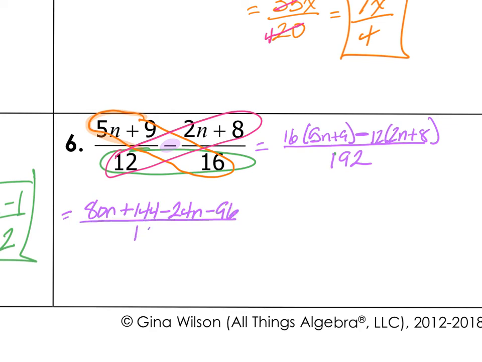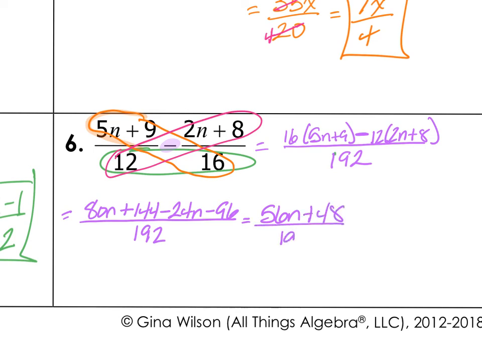All over 192. So 80 minus 24 is 56n. And then 144 minus 96. I hate using my phone as a calculator. 144 minus 96, 48.